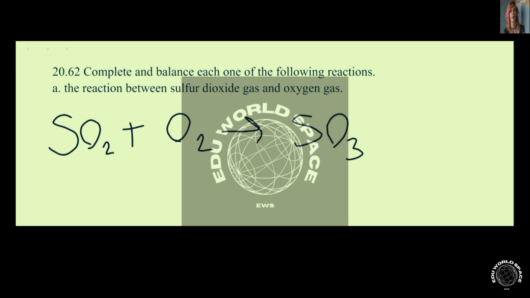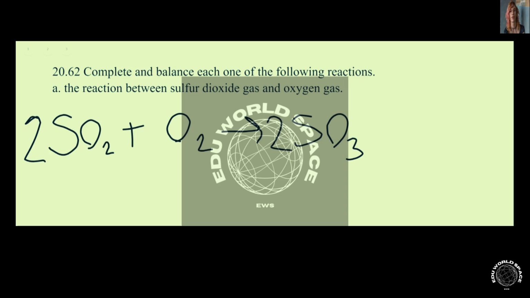Well, we have one sulfur atom on each side of the equation, but we have different numbers of oxygen atoms. So we have 3 oxygen atoms on the right and 4 oxygen atoms on the left. How can we balance an odd number of oxygen atoms and an even number of oxygen atoms? Well, we need both of them to be even numbers, so let's put a coefficient of 2 in front of SO3.